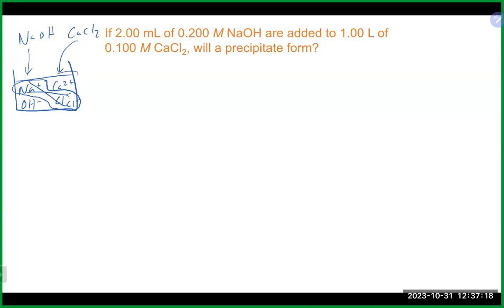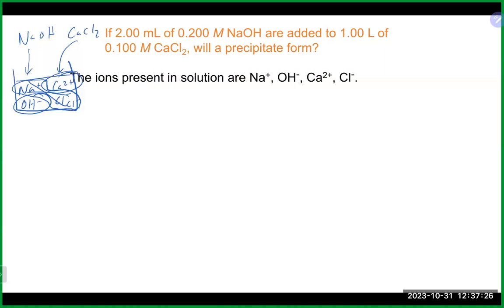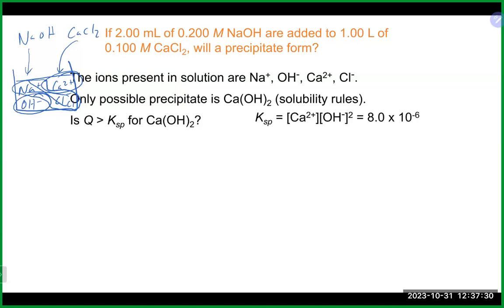So I'm going to say that's going to leave us our calcium and hydroxide as really the only other option that could come together in this double displacement reaction, right? So calcium hydroxide could form, and that's the only thing that could form in this case. And we know it also will make a solid because we can find a KSP value for it, which is right here, which is 8 times 10 to the -6.